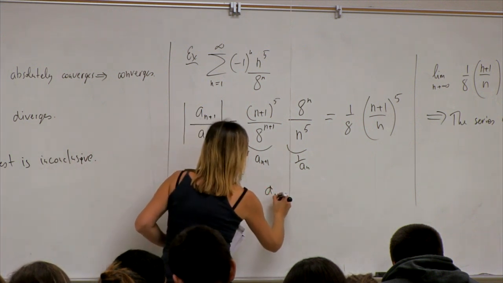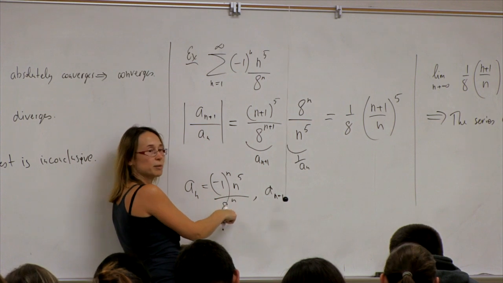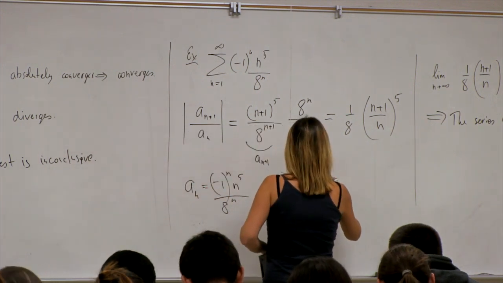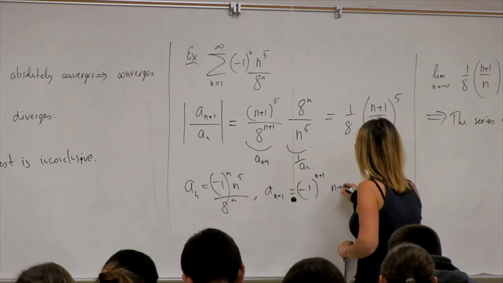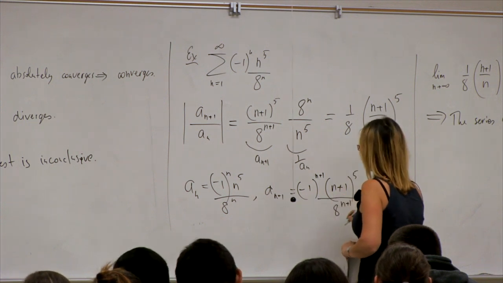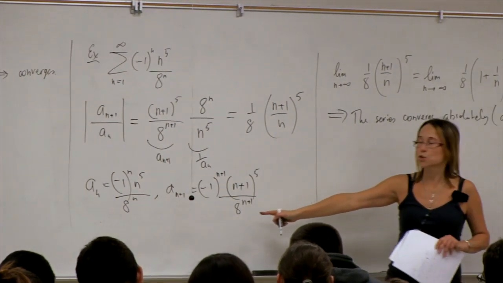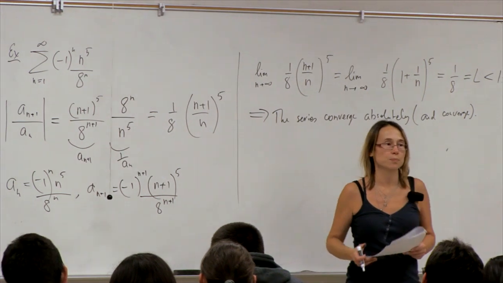What is a_{n+1}? When we write down n+1, we replace n with n+1 everywhere. So it's (-1) to the n+1, and here, instead of n, I simply put n+1, and I have 8 to the n+1. For this test, all the minus 1s are ignored. So it is the next term with respect to a_n. More questions?